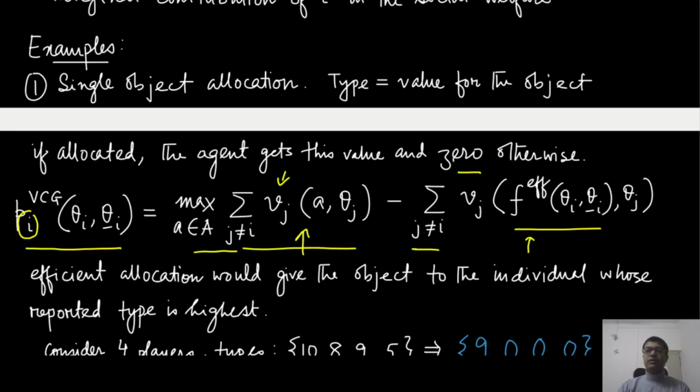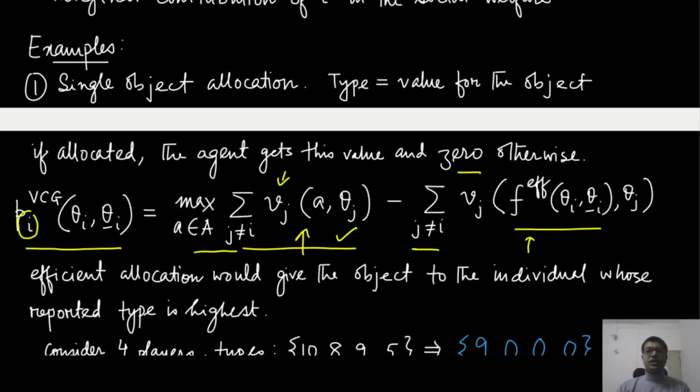So this term becomes 0 when I is the winner of this single object allocation game, and this one, this sum, is the second highest value. So when you take the difference, it's essentially the second highest value. That means the VCG payment is asking the winner to pay the second highest bid.